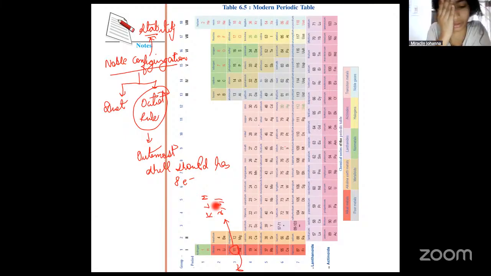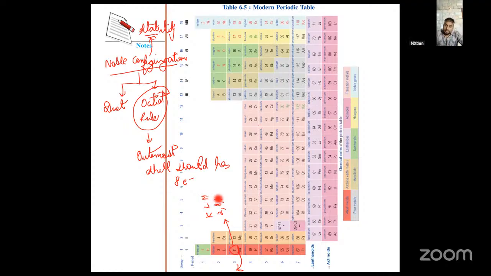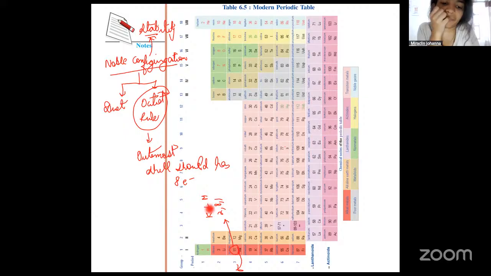So if Na gives 1 electron, this M shell will be removed. So what is the outermost shell now? L. Yes, L has 8 electrons.